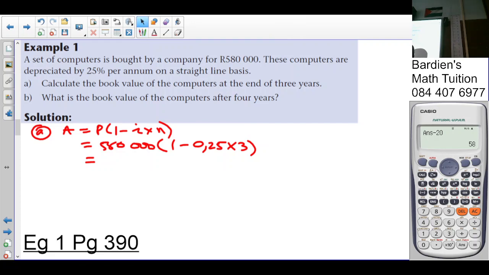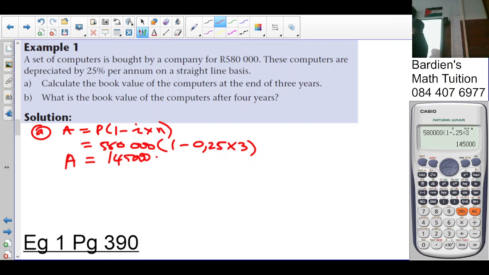So it's going to be 580,000 into 1 minus 0.25 times 3, which is 145,000. Book value is also known as scrap value.